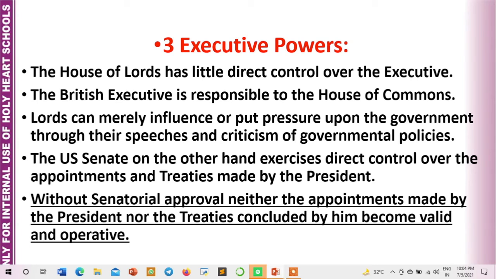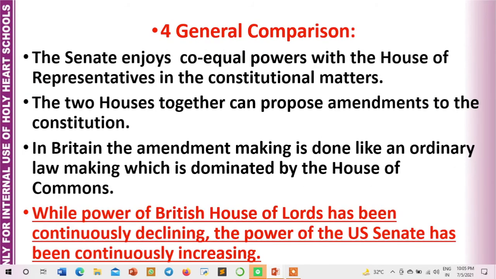They cannot have any control over them. But the US Senate has complete control even over the President of the US. The treaties made by the US President and the appointments made by the US President need the approval of the US Senate.